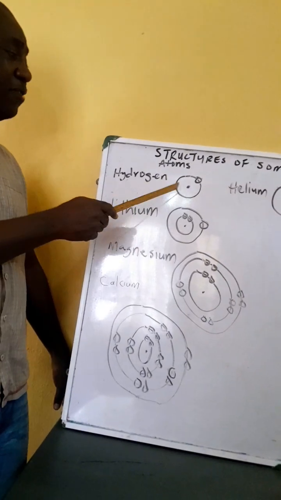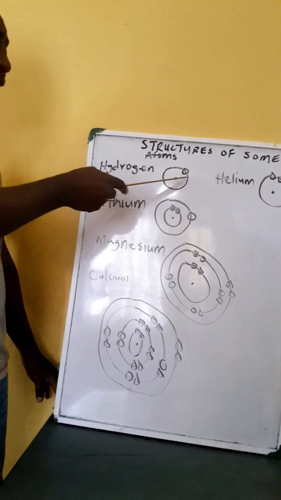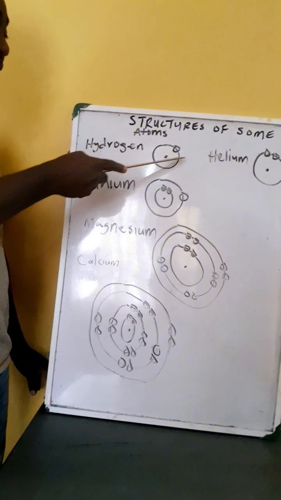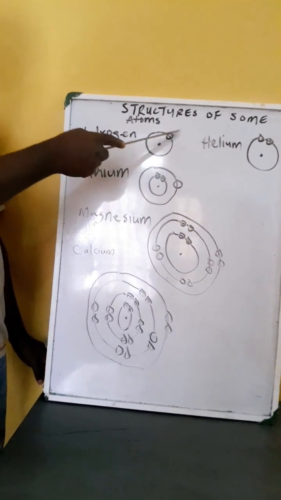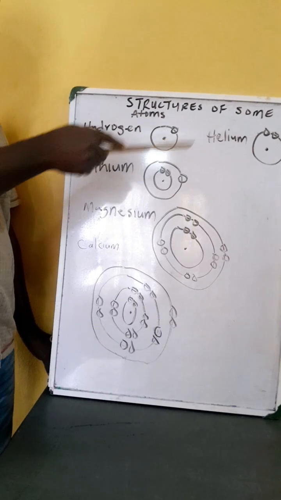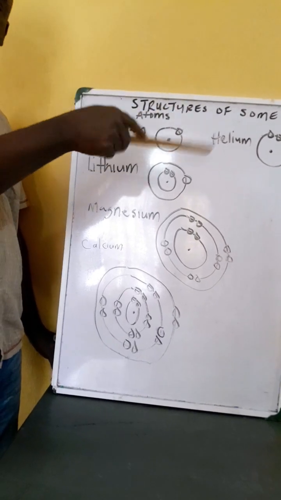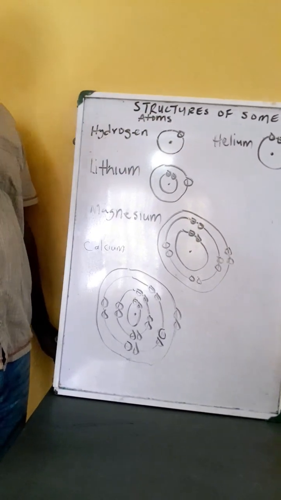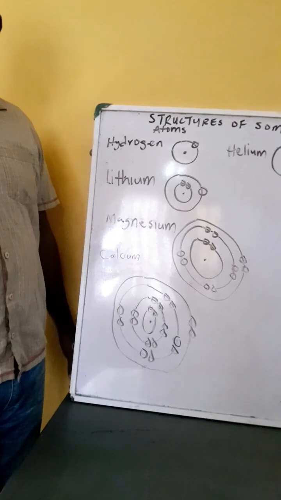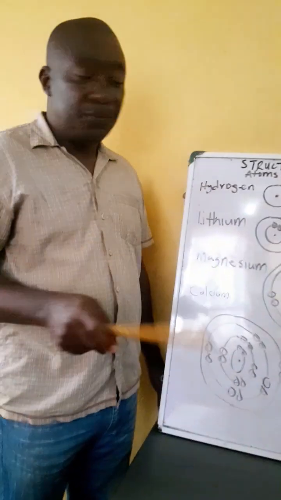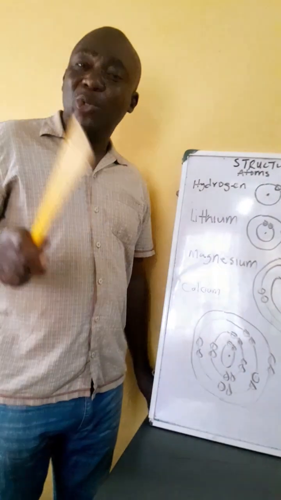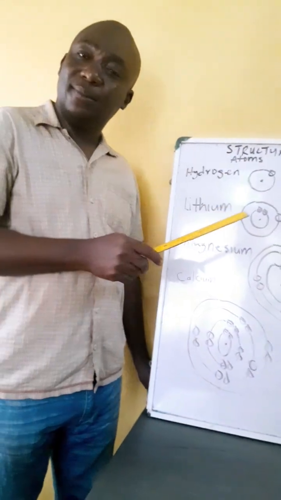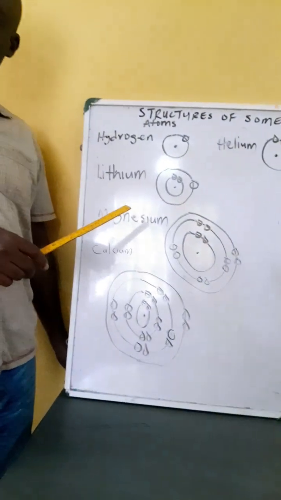As you can see, it has only the dot at the center with a circle, and an electron revolving around the nucleus. So hydrogen has only one proton and one electron. Since it has only one proton, the atomic number of hydrogen is 1.